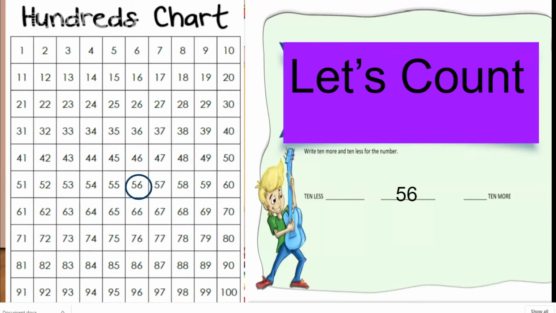Here is the number 56. What's going to be 10 less? Let's count back 10. 1, 2, 3, 4, 5, 6, 7, 8, 9, 10. So 10 less than 56 is 46. 46, 56.